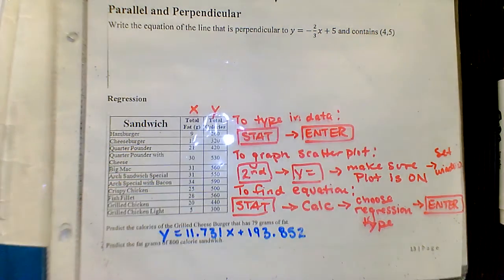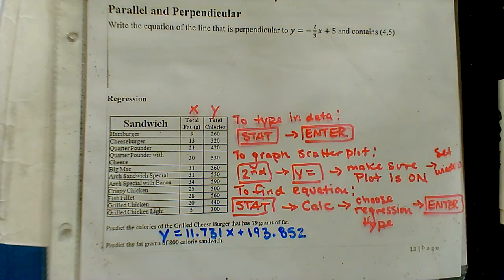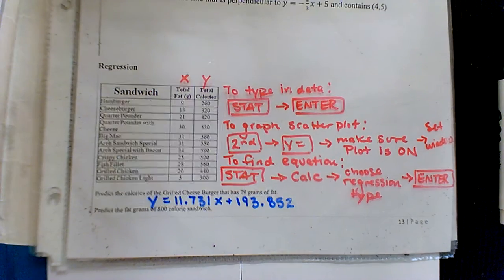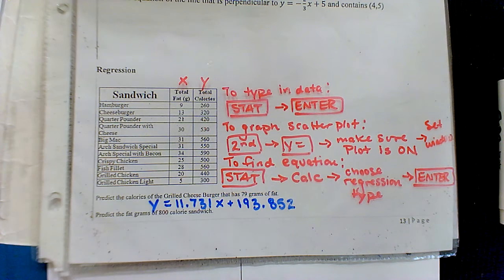Okay, so let's go ahead and use this equation to help us predict some information. The first question says, predict the calories of a grilled cheese burger. It's an interesting sandwich that has 97 grams of fat. Now that we have the best equation possible, how could we figure out the predicted calorie count?